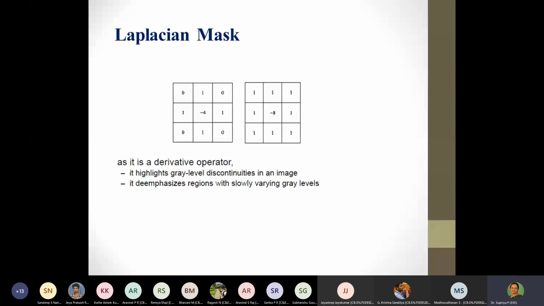Then it may be sufficient to start with the first derivative type of mask, and if we do not get sufficient results, perhaps we could move on to other types of second derivative mask like the Laplacian. And we are already aware that the Laplacian mask has variants in the form of Laplacian of Gaussian, etc., which could also be considered.